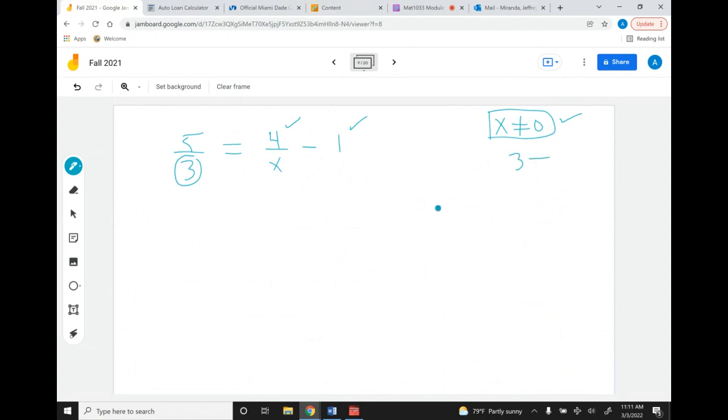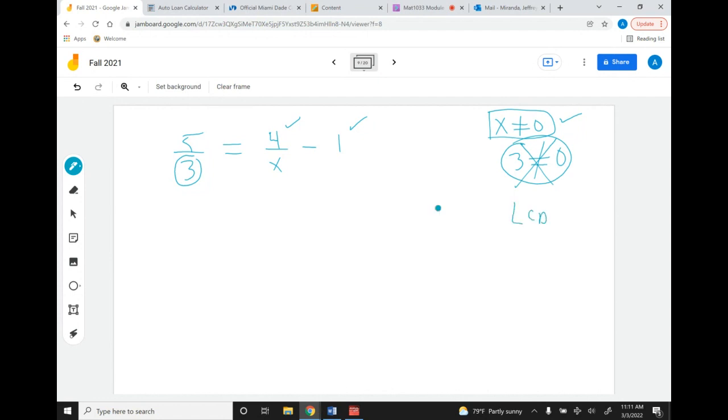Now, don't say 3 cannot be 0, this makes no sense whatsoever. Okay? Some people, I've seen that before. It's like, where do you get that from? Do you think that 3 will become 0 all of a sudden? No, 3 is 3 no matter what. Okay? The variable could become 0. That's why they call them variables. They take different values. Okay?